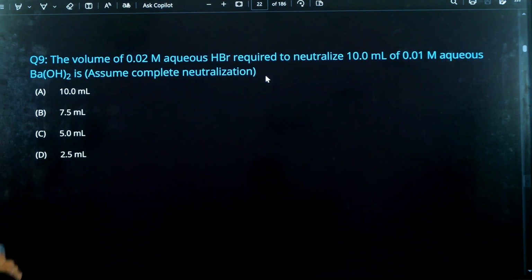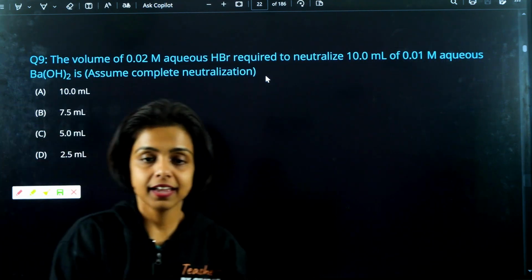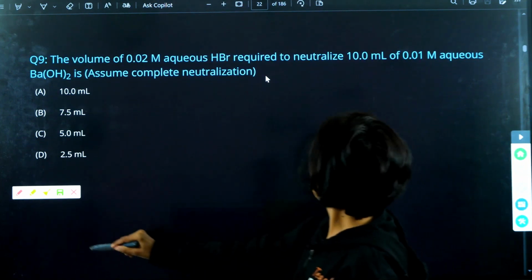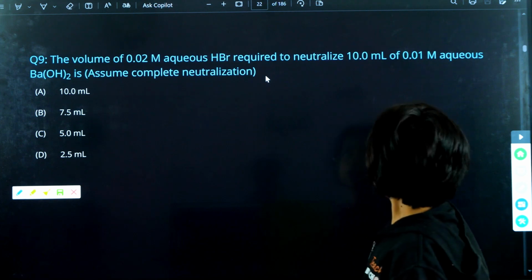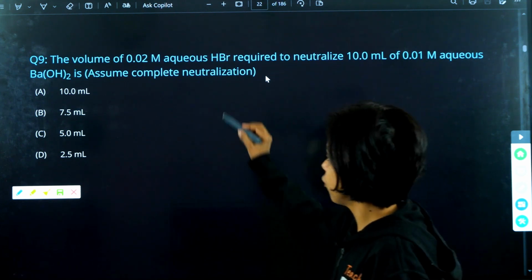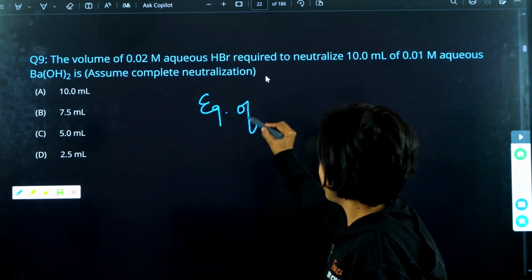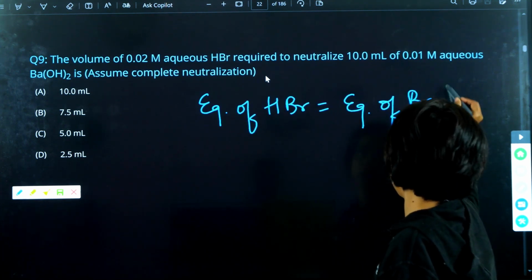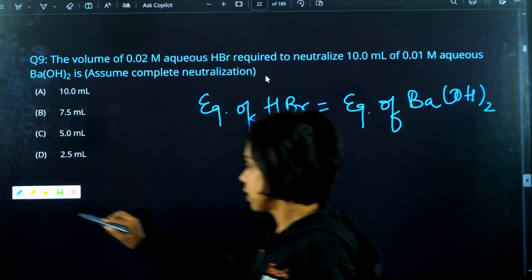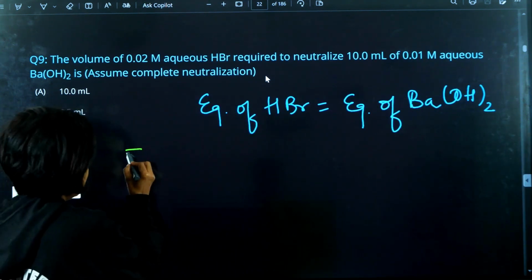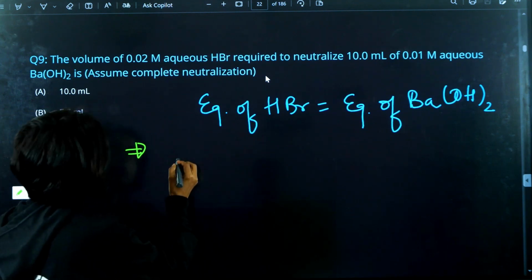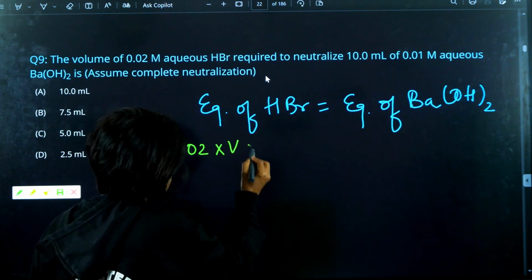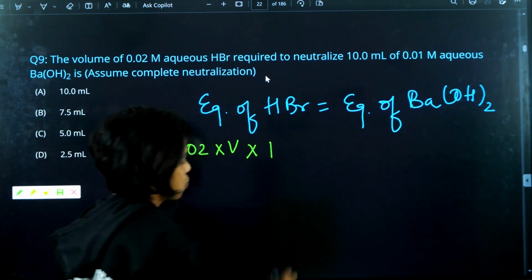Now the next question: the volume of 0.02 molar aqueous HBr required to neutralize 10 ml of 0.01 molar aqueous barium hydroxide. For complete neutralization, the equivalents of the acid HBr should be equal to the equivalents of the base, barium hydroxide. Equivalents are molarity times volume times valency factor. For HBr, molarity is 0.02, volume is V ml, and valency factor is 1.